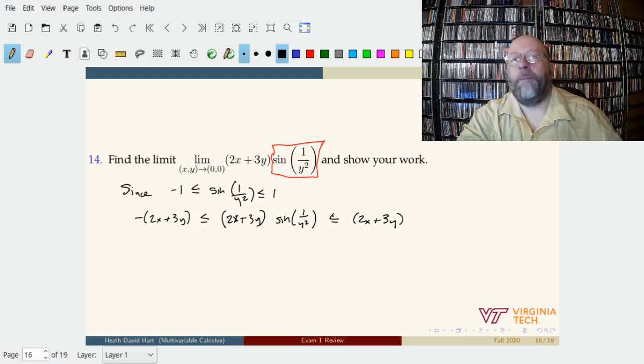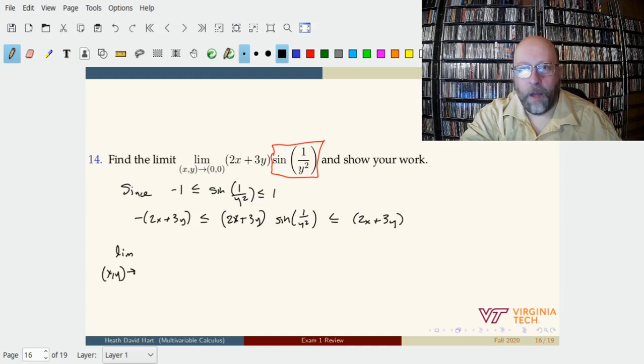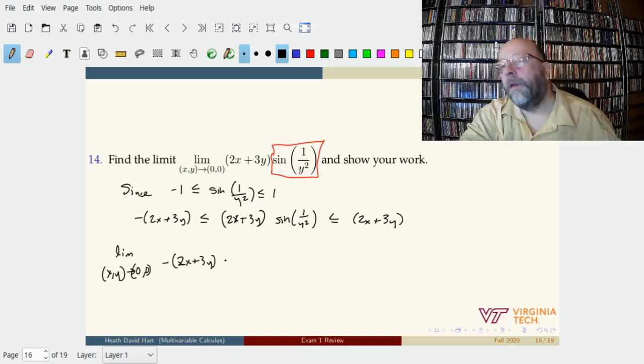And this is establishing a sandwich that we can use for the squeeze theorem. That since this is squeezed in between negative 1 and 1, this expression has to be squeezed in between negative 2x plus 3y and positive 2x plus 3y. And so the limit as xy approaches the origin of this slice of bread is smaller than the limit as xy approaches the origin of this complicated sandwich filling.